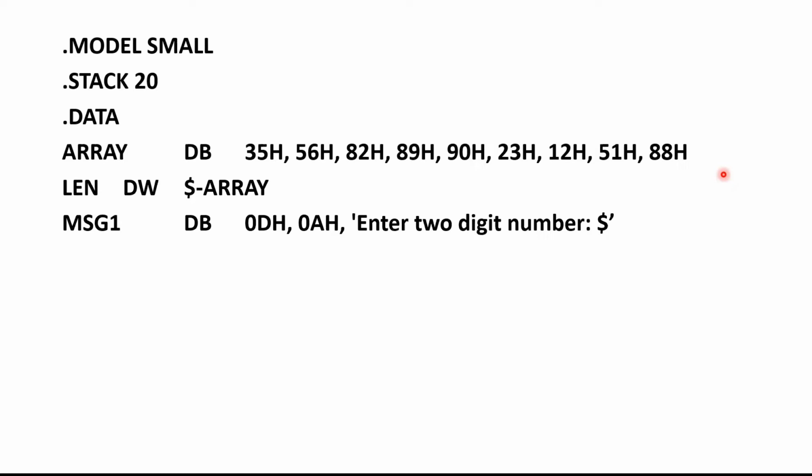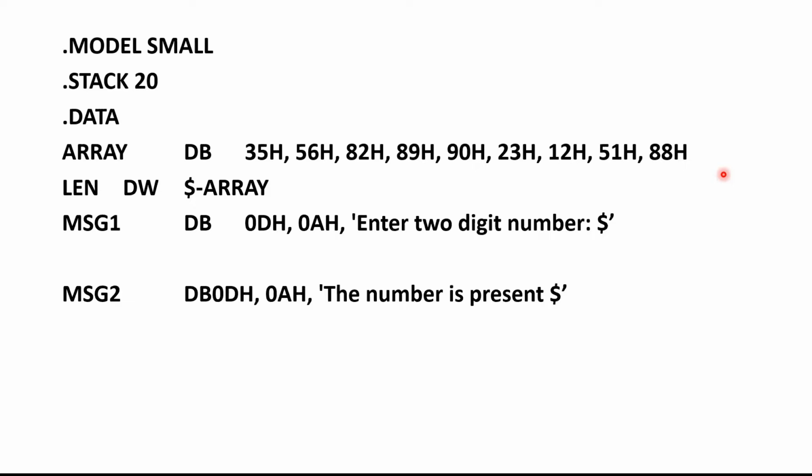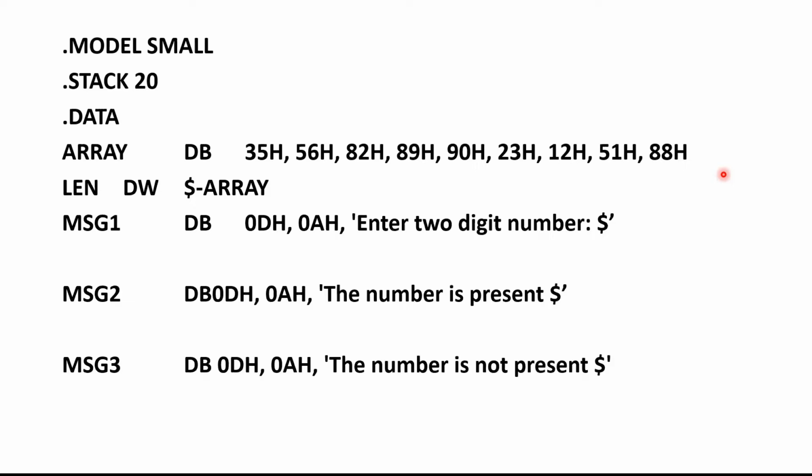The first message will be enter 2-digit number, the second message would be the number is present, and the third message could be the number is not present. As we have multiple messages to be displayed, this display can be done either using a subroutine or you have to write it repeatedly. To reduce that repetition in the program, we go for a subroutine.